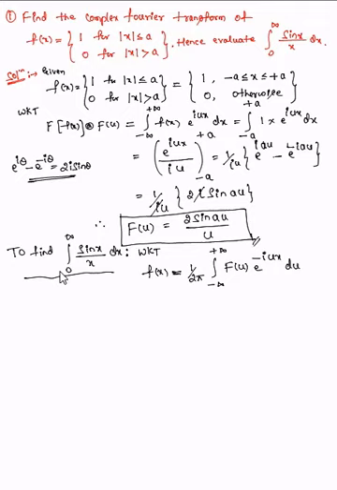Now let us substitute for this f of u from the Fourier transformation. So f of x equals 1 by 2 pi integral from minus infinity to plus infinity, and f of u is 2 sin au divided by u into e power minus iux into du. The function f of u was substituted here.